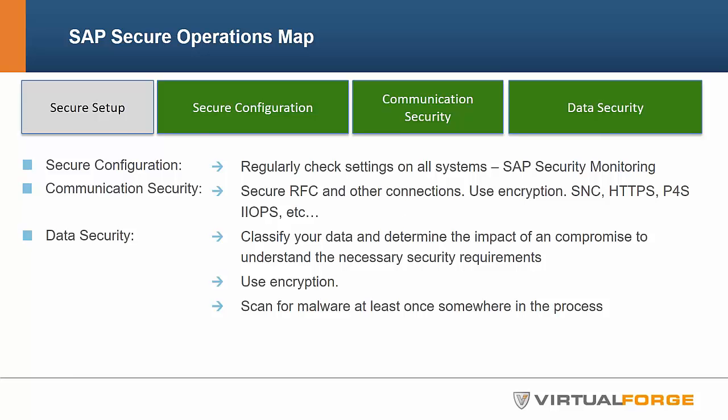Communication security is the next area. You should have an overview of which system is communicating with whom, and the earlier you start getting an overview, the better. I have seen customers with just 15,000 RFC connections with technical users across their whole landscape. You cannot audit that by hand, and there were very surprising things within these connections.